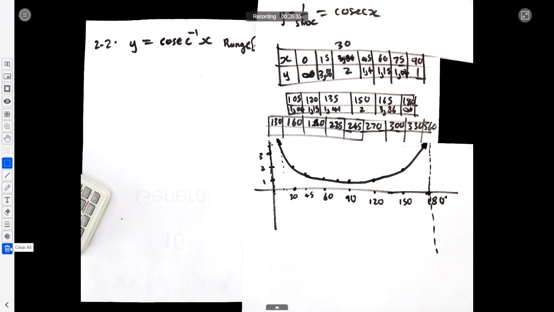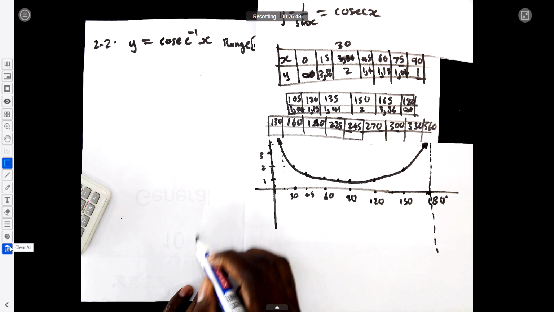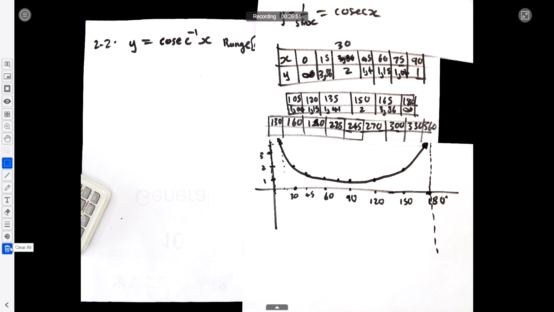So it will diverge to infinity. On the other side, it flips and bends downwards on the negative side, using the values of negative x and negative y. So that is a cosec graph.